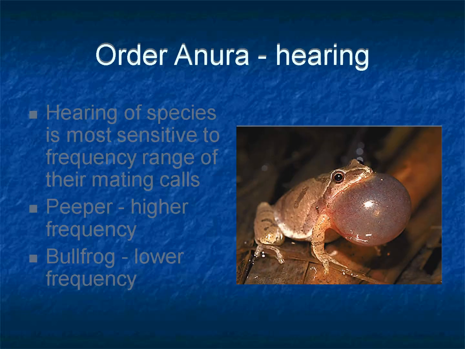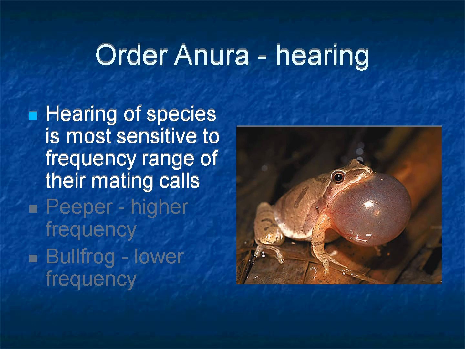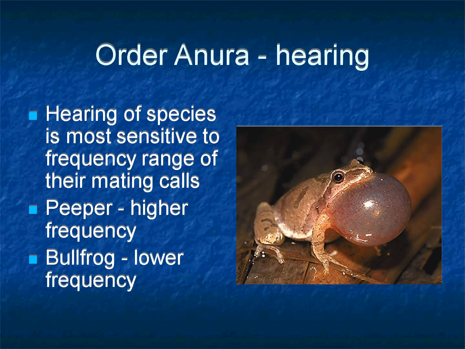Mostly frogs sense low frequency sounds, not usually greater than 4000 Hz. Further, hearing of these species is commonly restricted to the specific frequency range of their mating calls. For example, the spring peeper can sense high frequency sounds, while the bullfrog is limited to sensing low frequency sound, approximately 100 to 200 Hz.